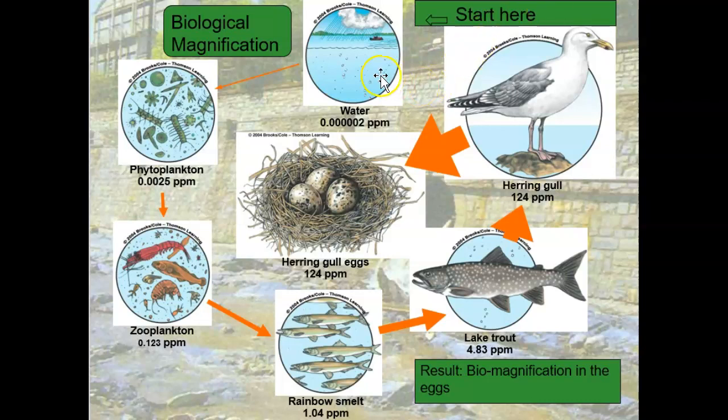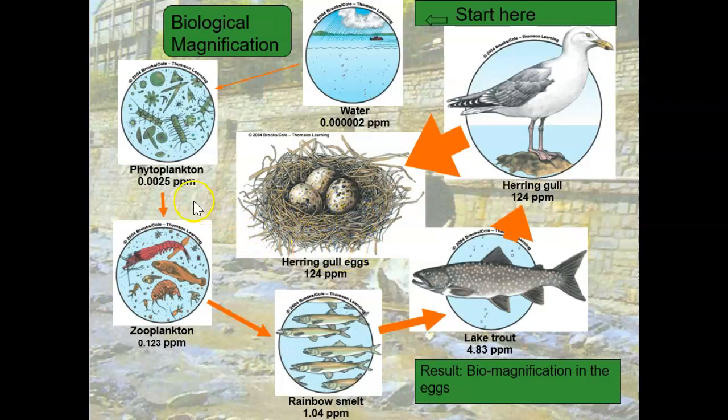If we start here, you see here's our water, and then you have phytoplankton. That's the smallest things that are in there. And then they're eaten by the zooplankton, and then the zooplankton gets eaten by, in this example here, rainbow smelt, who are then eaten by the lake trout, and the trout is eaten by the gull, which then lays these eggs, and so these eggs will have a higher concentration of a chemical.